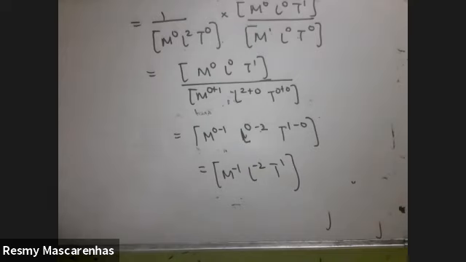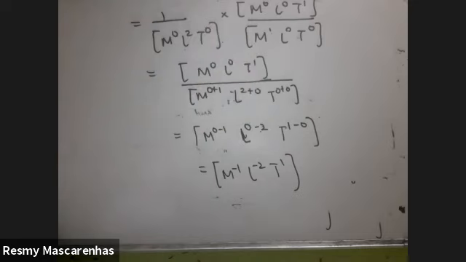Okay, so what is happening? I am getting the same answer. Miss, how is length -2? This two went up, no? So now what is happening?